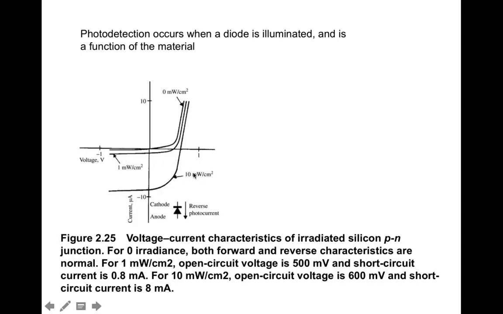So this is 10 milliwatts per square centimeter. You can see the reverse down here is pretty significant. So typically they tend to be operated in reverse bias mode because that tends to be a bit more linear. So you get a little bit more linear change with respect to change in optical radiation.